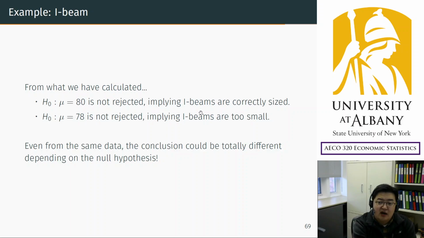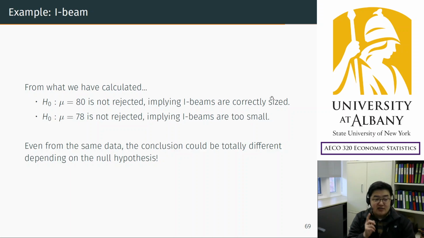That means I would conclude that the I-beams are correctly sized. But later, I changed my null hypothesis and repeated the same hypothesis testing using the same data. And in that case, the null hypothesis was not rejected, which implies the other conclusion: I-beams are 2 millimeters smaller than the correct size.